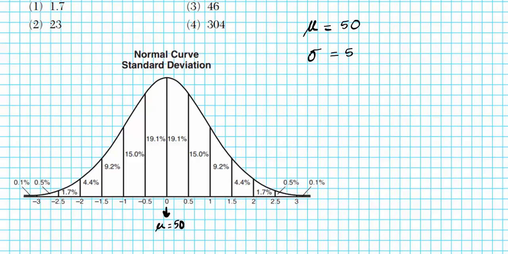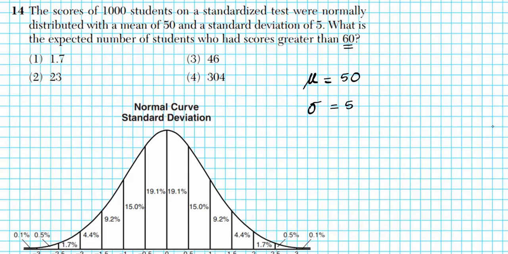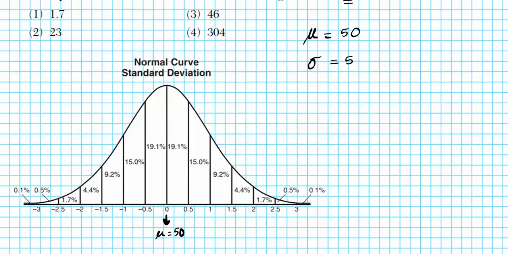We're going up, right? Because 60 is greater than 50. How many standard deviations will take us to 60? One standard deviation is 5. 2 standard deviations is 10. So 10 plus 50 will give us 60. So 60 should be right here. This is what 60 is.